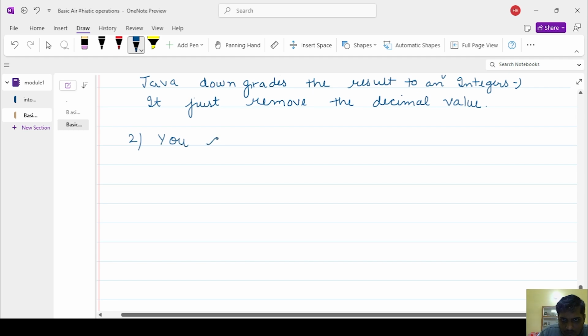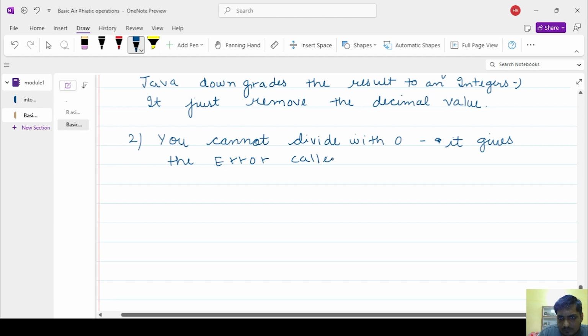You cannot divide by 0. It gives the error called arithmetic exception.